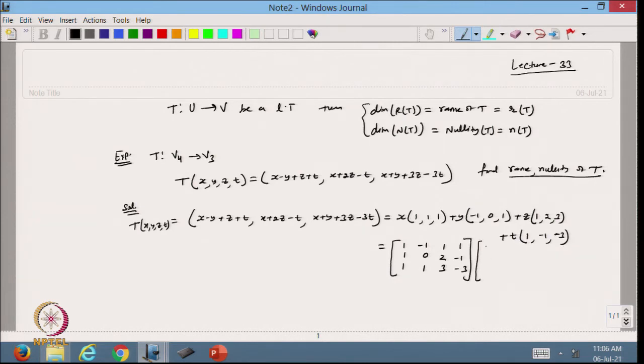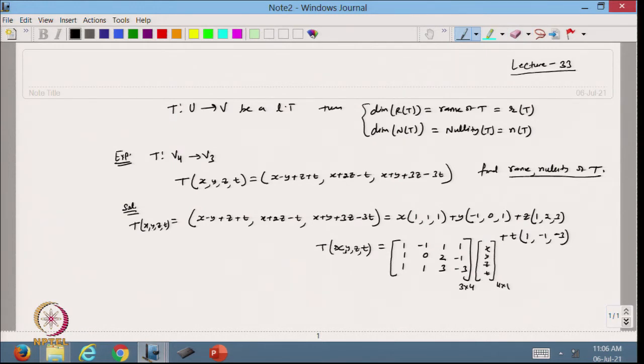And from here I can write (x, y, z, t). So you can see from here that this is a 3 cross 4 matrix, this is 4 cross 1, and this is equal to T(x, y, z, t). This I can write as A x.